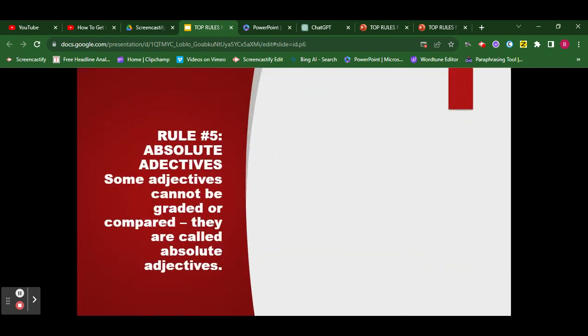This brings us to rule number 5, dealing with absolute adjectives. This rule states that some adjectives cannot be graded or compared. They are called absolute adjectives. You don't need to compare them. Let's look at examples.